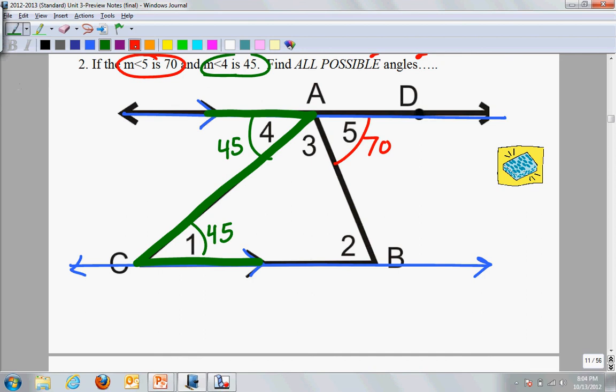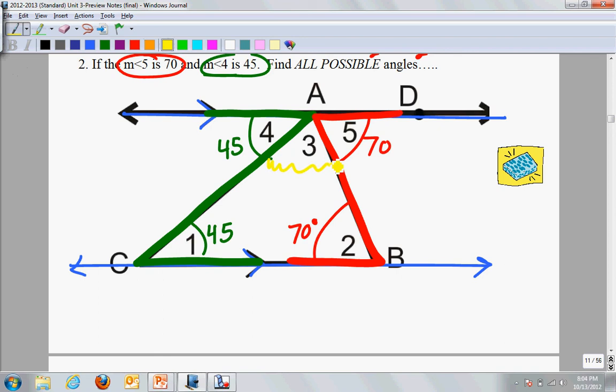There's another armpit of the Z. I'd like you to trace it. You have 5 seconds to find the other armpit of the Z, also alternate interior angles. You should have done this. Armpits of the Z. 70 degrees.